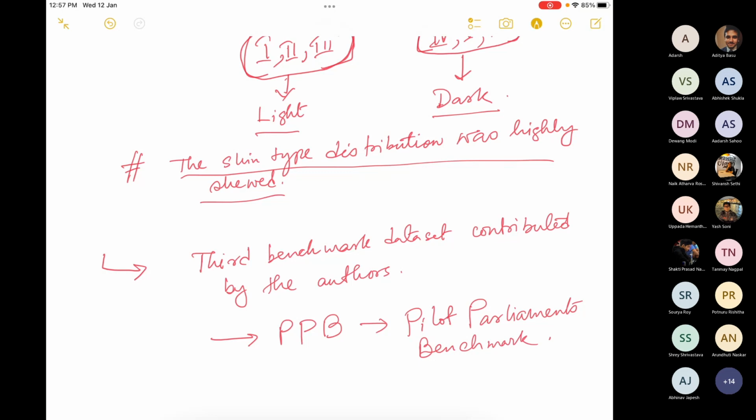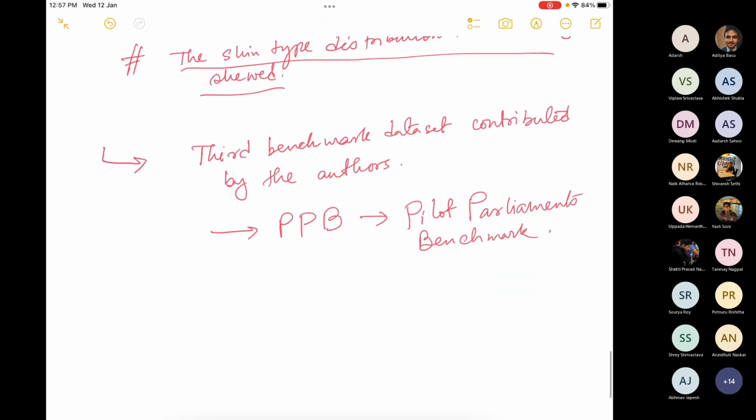As the name itself suggests, the authors chose pictures of parliamentarians to build this dataset.